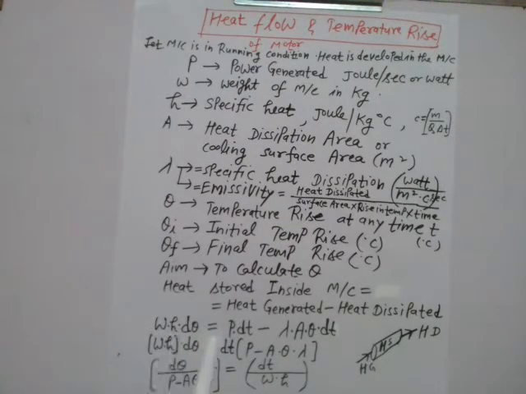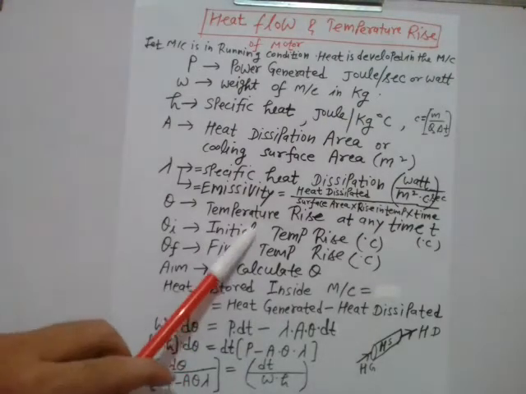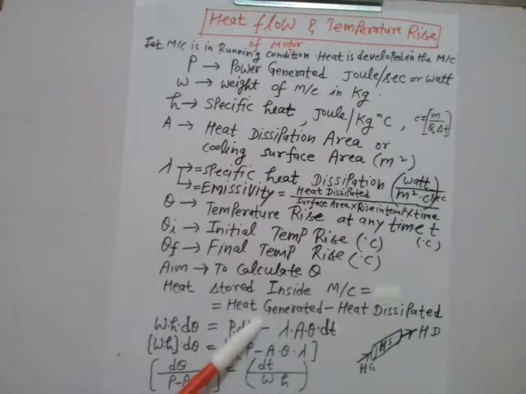So W H d theta is equal to heat generated, which is P into dt, minus heat dissipated, because P is the power generated. You know that energy is nothing but power into time. So heat, or energy, is nothing but power into time.